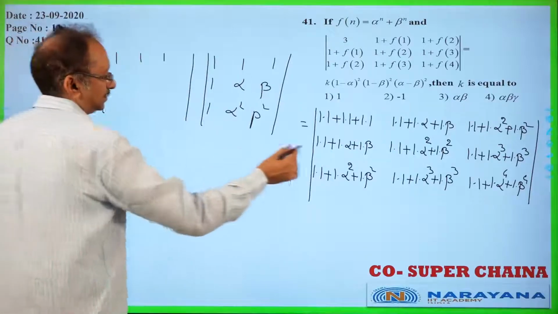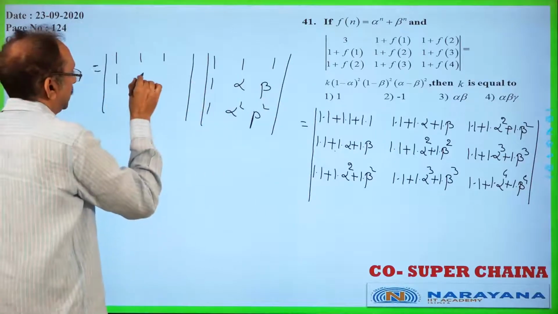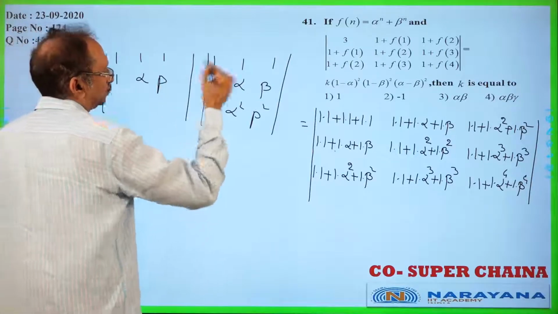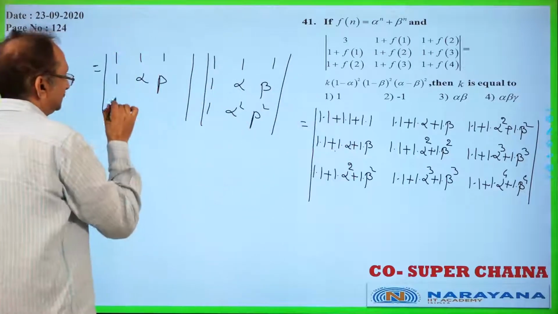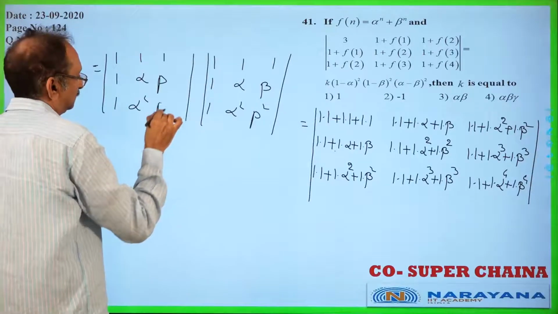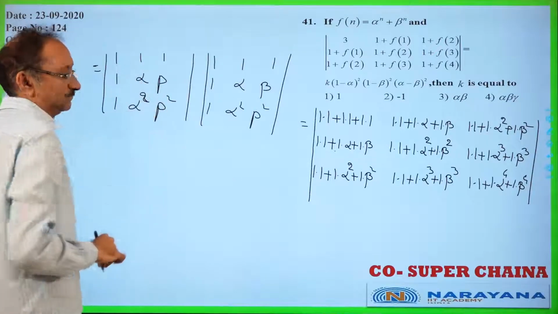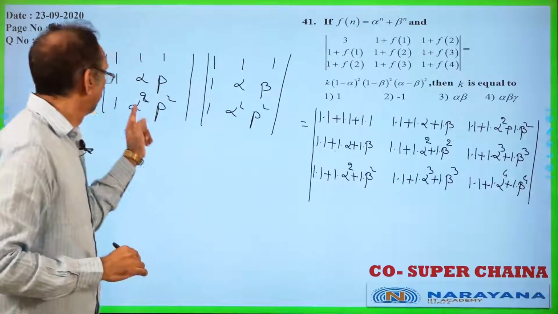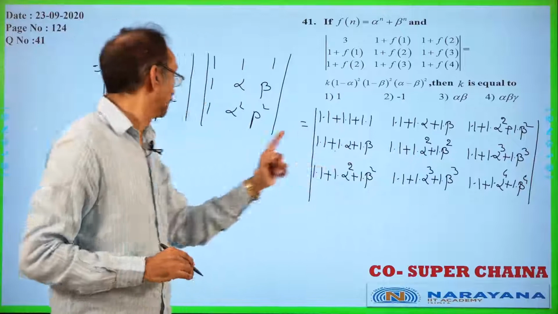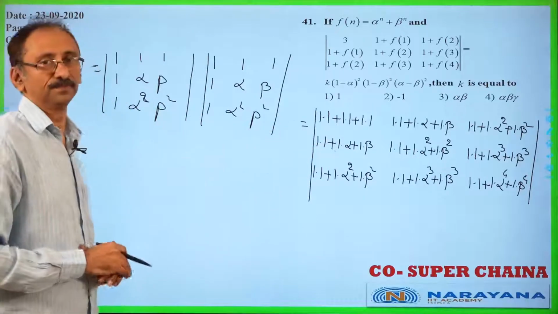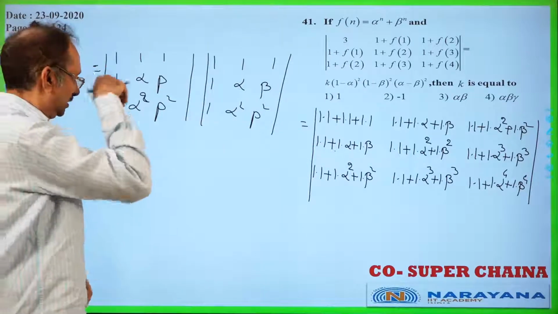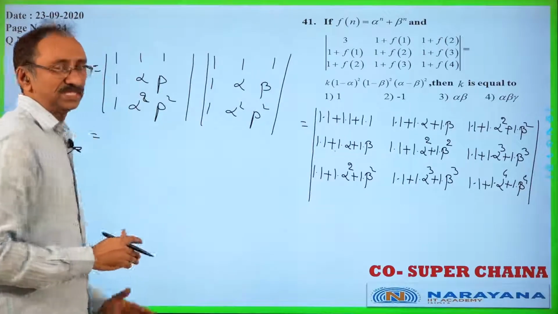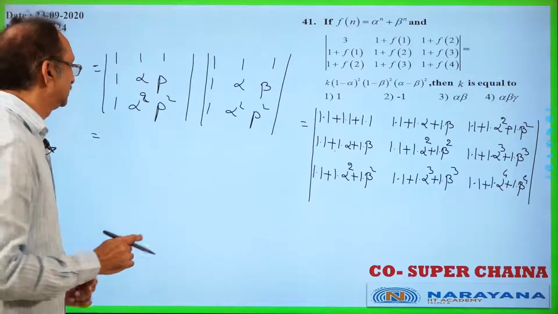And similarly, for this one, this is 1 alpha beta. Multiply 1 into 1, alpha into 1, beta into 1. And similarly, this becomes alpha square, beta square. And what is the final element? 1 into 1 plus alpha power 4 plus beta power 4. Right. And therefore, see this one. This is a standard result.